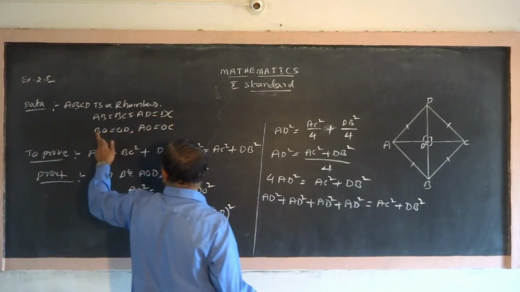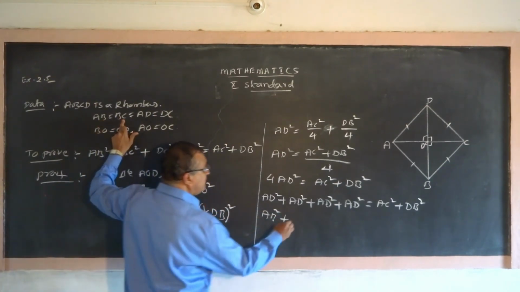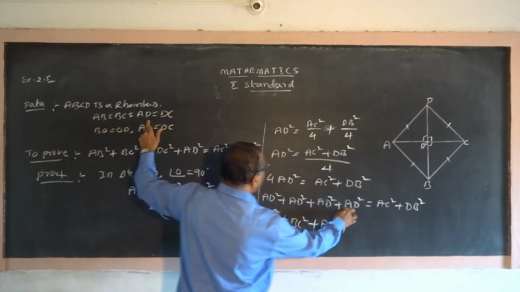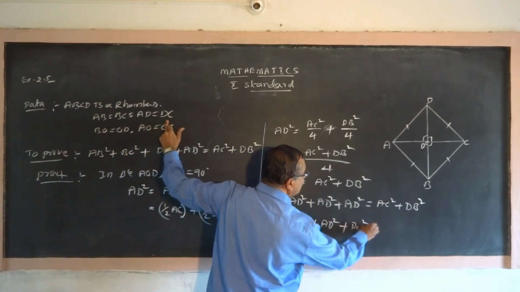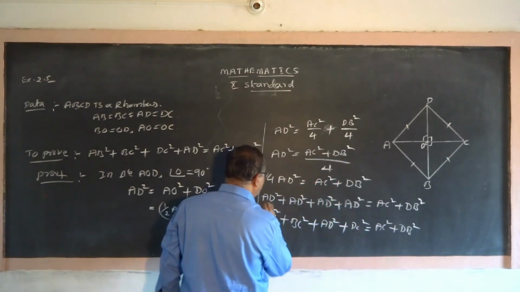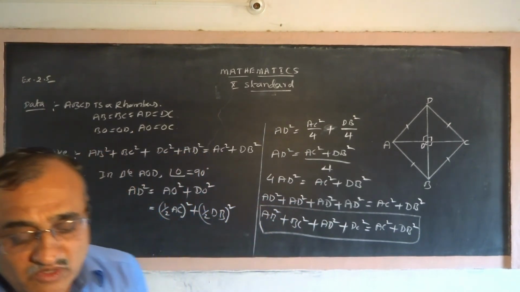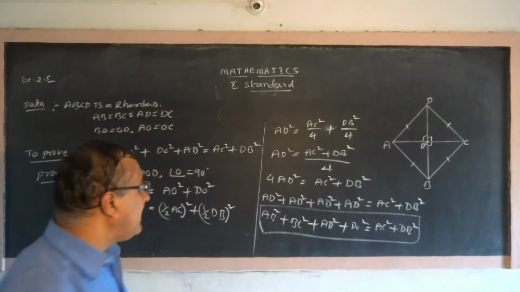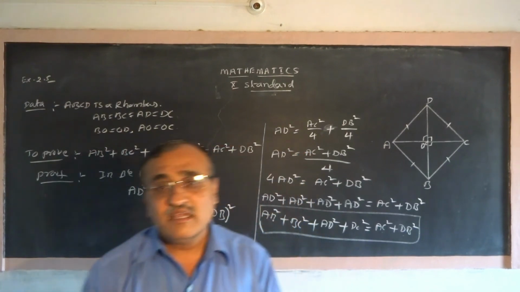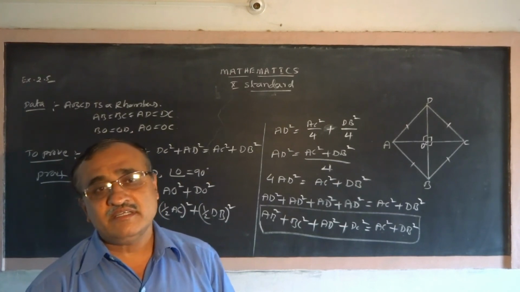Instead of AD, you may write AB, instead of AD you may write BC, and so on. So the sum of the squares of the sides of the rhombus is equal to the sum of the squares of its diagonals. AC and DB are the diagonals. So this is the way we can solve it. So learn it.